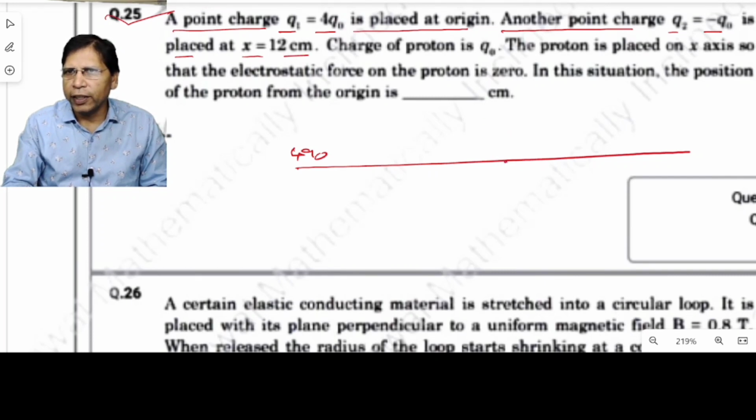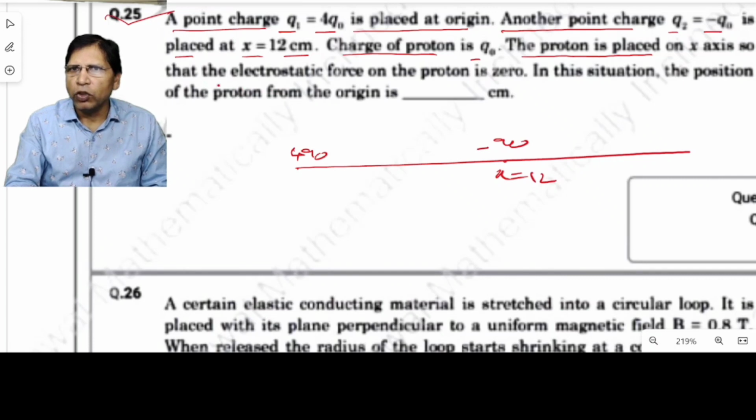This is x equals 12 centimeter, and this is the charge minus Q naught. The charge of a proton is Q naught. The proton is placed on the x-axis so that the electrostatic force on the proton is zero.